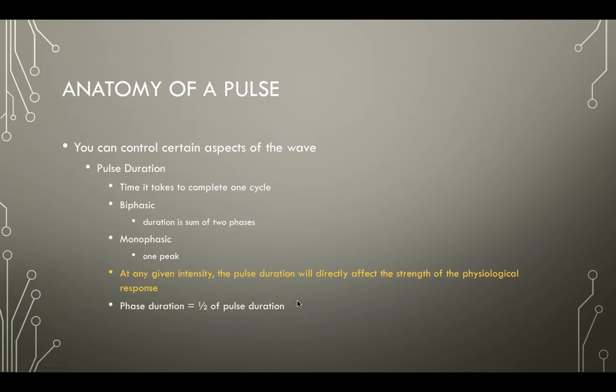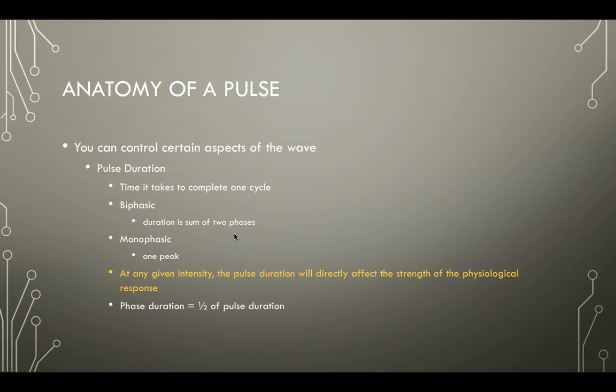So other things that we'll get to control within the pulse: one is what we call pulse duration, or you'll hear phase duration talked about as well. Pulse duration is the time it takes to complete one cycle. So in the biphasics, that's the duration of the two phases, the up part and the down part.